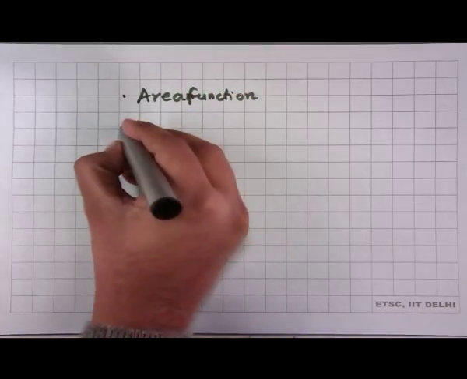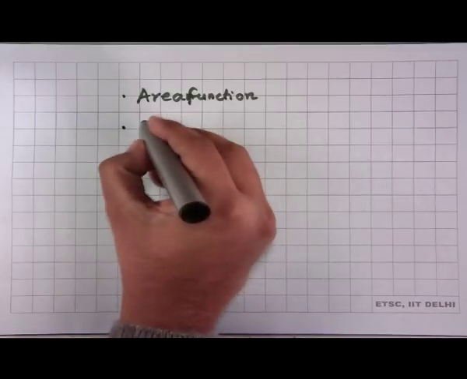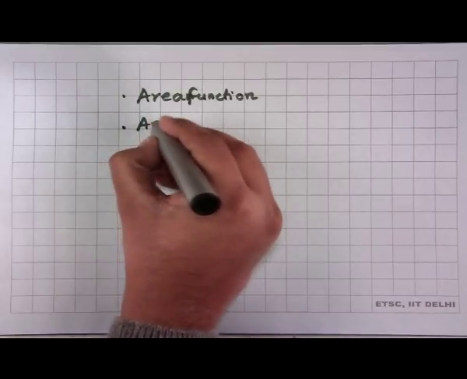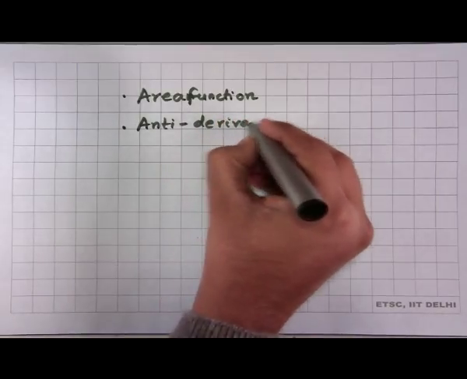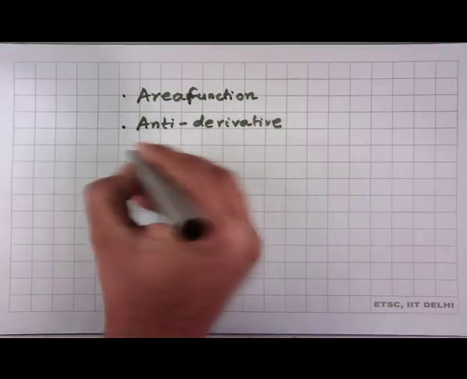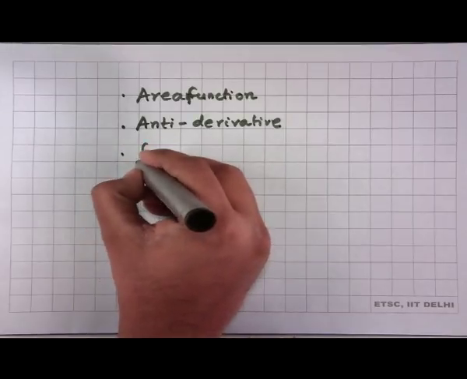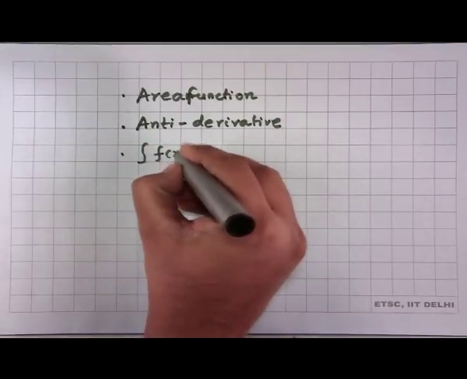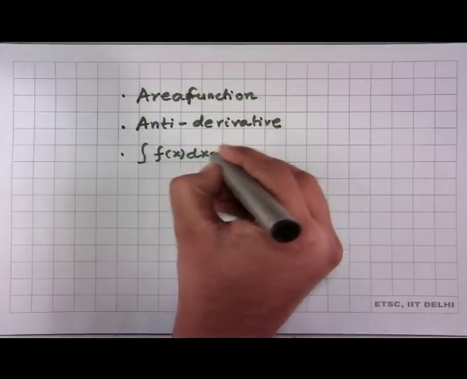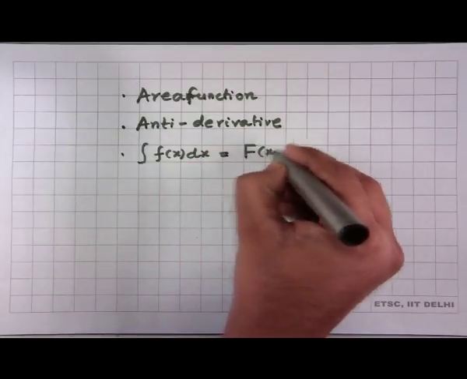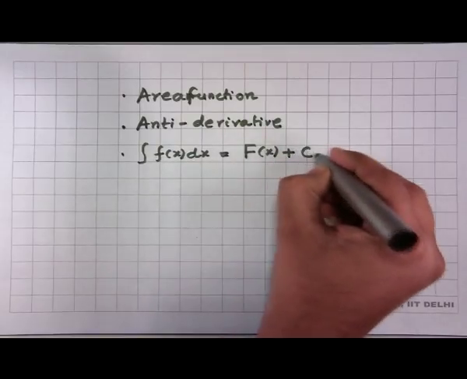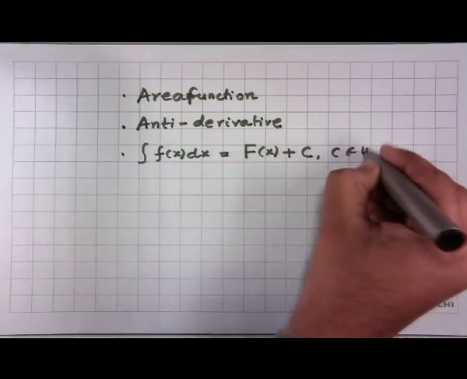We also understood the idea of antiderivative. Then we defined the integral of f x dx as the collection of all antiderivatives, with this C belonging to the set of reals.